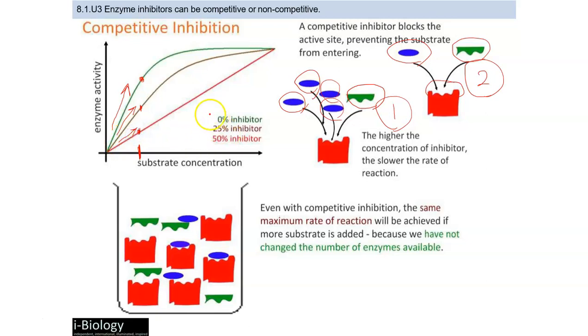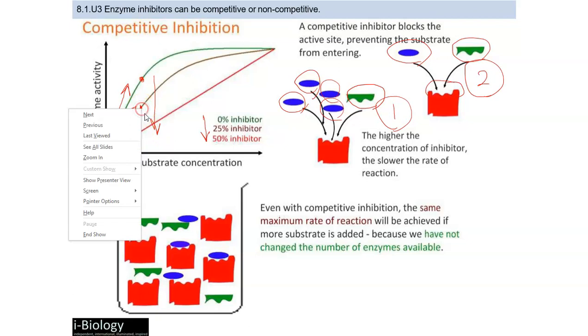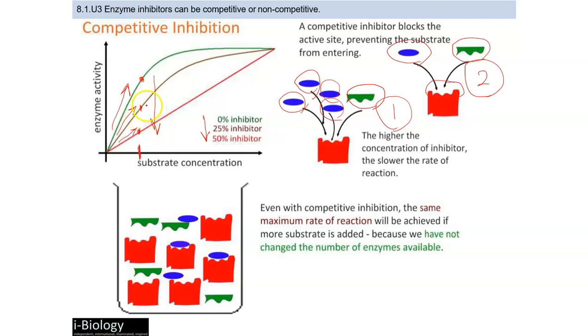So with the increase of the inhibitor from 0 to 50%, we will see a decrease in the activity of the enzyme. So this is how you can interpret the graph.